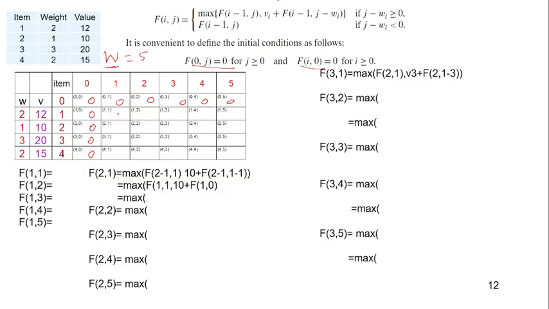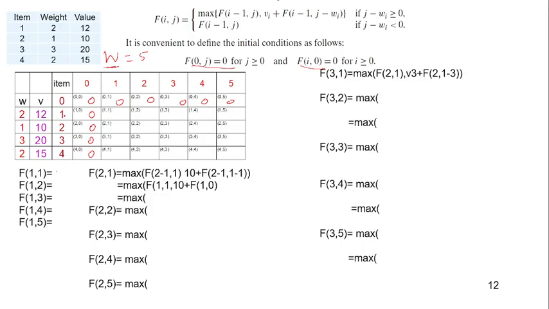For this, f of 1 comma 1 is equal to max of f of i minus 1 comma 1, the previous value 0, comma the other term. To find f of 1 comma 1, consider the weight only 1.